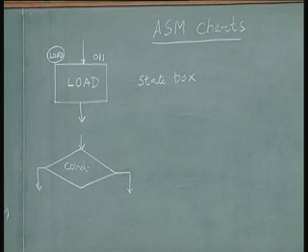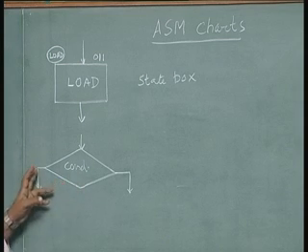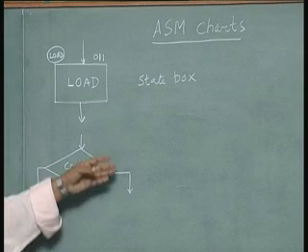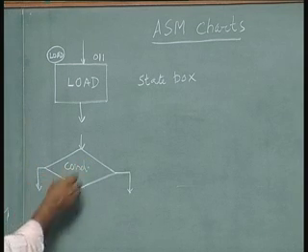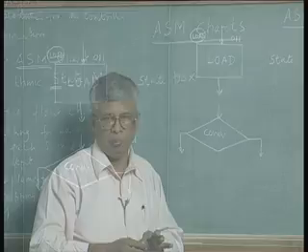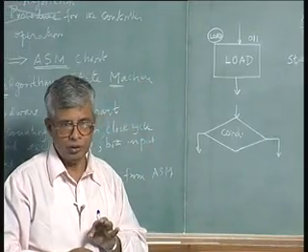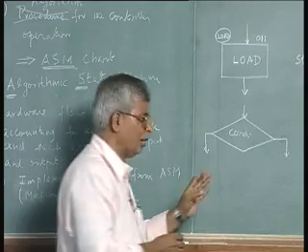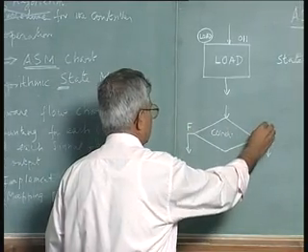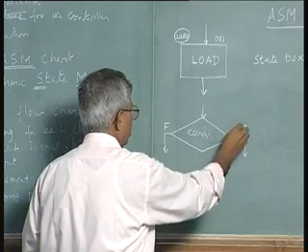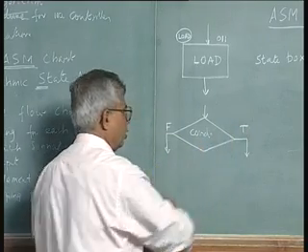We are looking for some data ready signal coming from the memory. So you can say data ready: if no, wait; if yes, proceed. Usually they put 0 and 1, but in real pure ASM design they call it true or false. If the condition is true, what you do; if the condition is false, what you do.